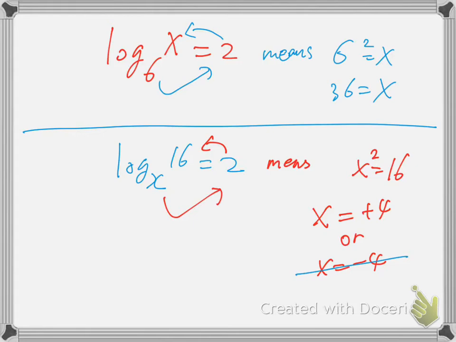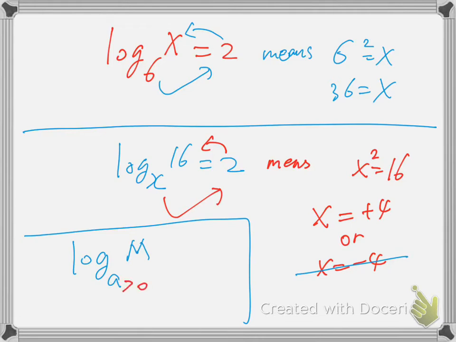Because in the definition of log, if you have log a of m, we assume they are both positive. So that's why for some log equations you have to check your answer. Positive 4 here is okay, negative 4 is wrong because the base cannot be negative.